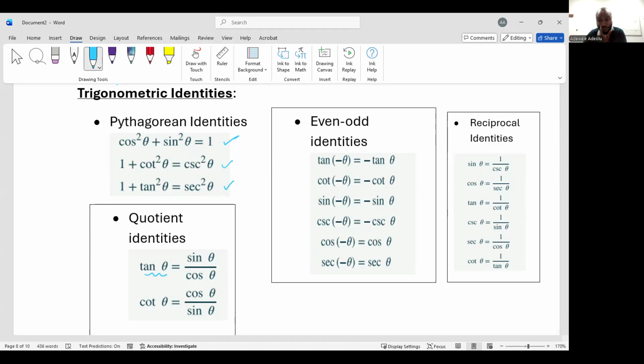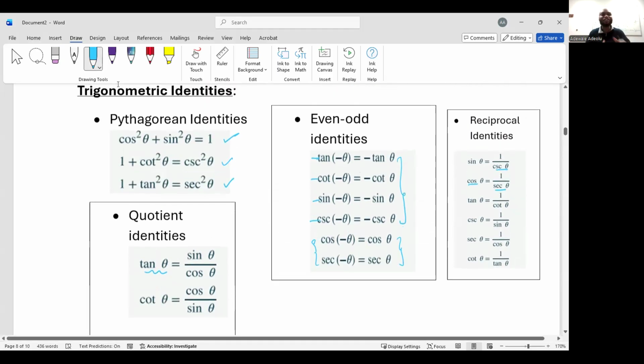What of odd and even identities? We know that tangent, cotangent, sine, and cosecant are all odd functions. Only cosine and secant are even functions. We learned that. We also learned about reciprocal identities: how sine is related to cosecant, how cosine is related to secant, tangent to cotangent, cosecant to sine, the other way around.